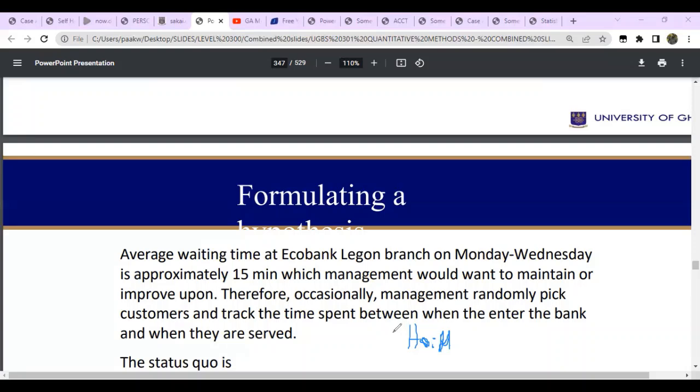So it can be 100 cedis, 90 cedis, 85 cedis, 5 Ghanaian cedis, and so on. But it cannot be more than 100 Ghanaian cedis. Okay, so it will be less than or equal to 15, right? That will be your H0. Oh, sorry, I'm using the mouse.